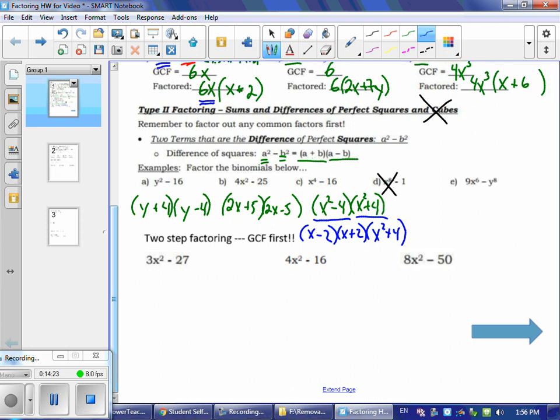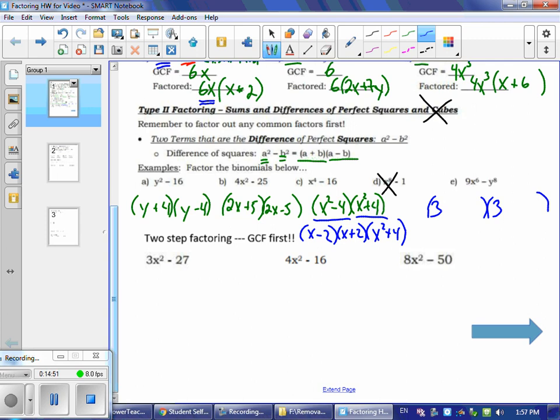If a variable has an even exponent, it's always going to be a perfect square because half of that exponent will be the square root. For example, I've got 9x to the 6th minus y to the 8th. The 9 we should know is a perfect square. That's an easy part. So we're going to have a 3 and a 3. Attached to the 9 is the x to the 6th.